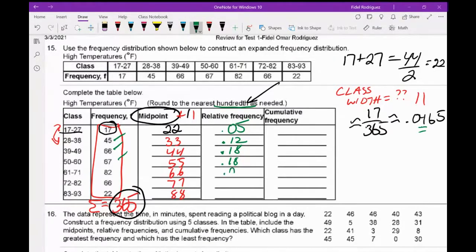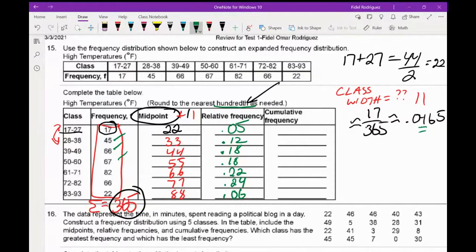And I'm coming up with 0.22. And then 86 divided by 365. And I'm coming up with 0.24. And then finally 22 divided by 365, and I'm coming up with 0.06. Okay, so there's my relative frequency.